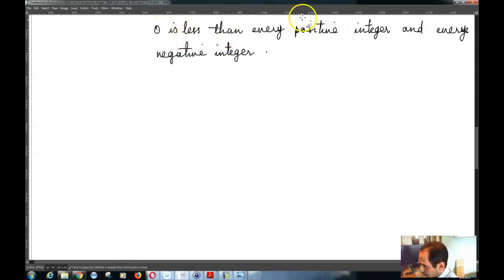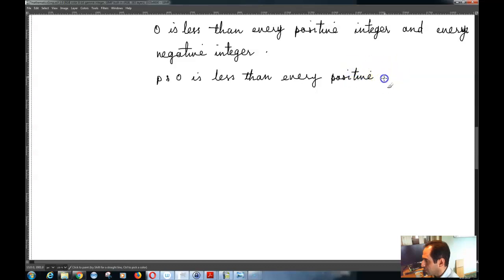So 0 is of course less than every positive integer, but it's not less than every negative integer. So the component statements are P: 0 is less than every positive integer, and Q: 0 is less than every negative integer.